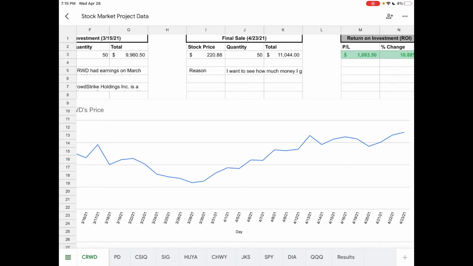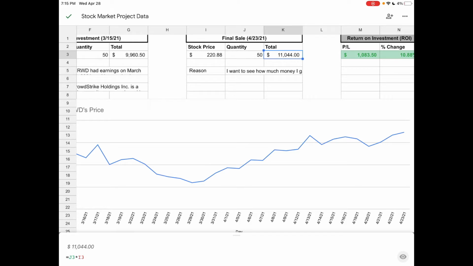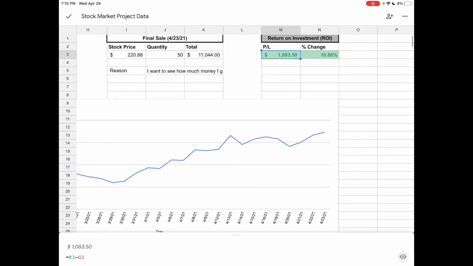$11,044. To calculate my ROI, or my return on investment, I did my final sale of $11,044 minus my initial investment of $9,960.50, which was a profit of $1,083.50.